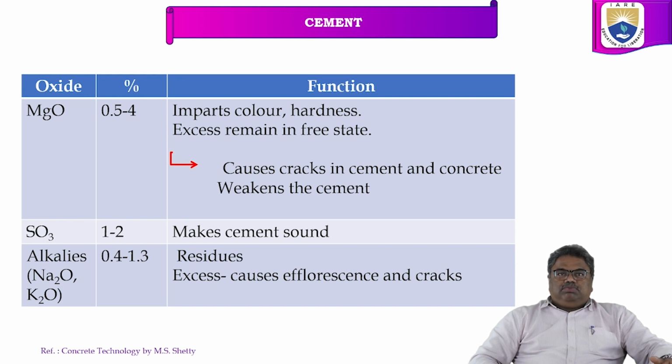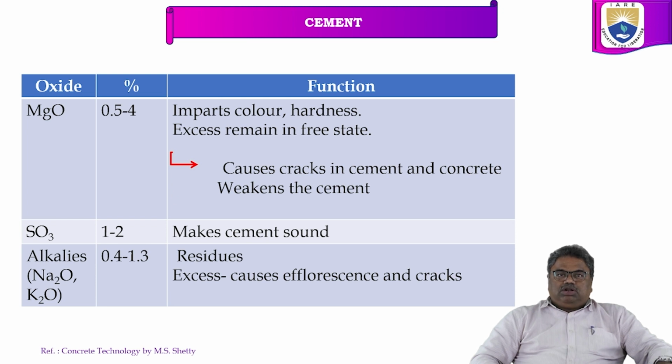Magnesium oxide, MgO, is around 0.5 to 4%. It imparts color and hardness. If it is more than 4%, it remains in free state and causes cracks in cement and concrete, and it weakens the cement.